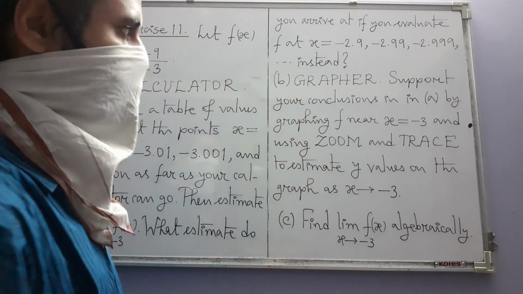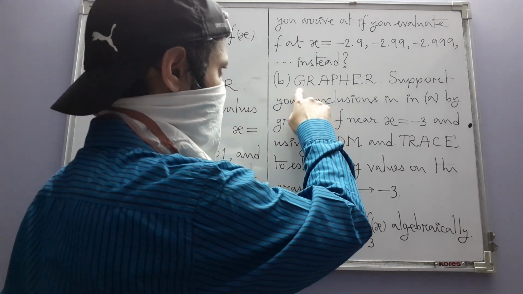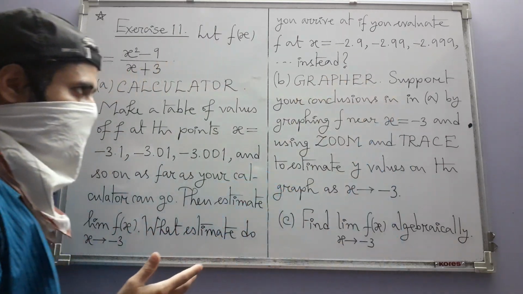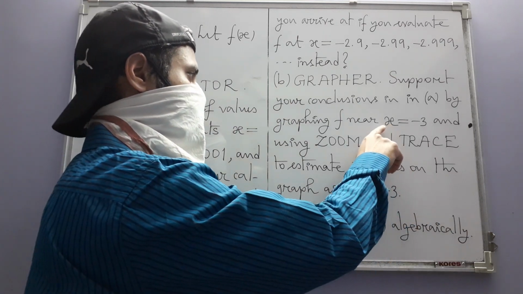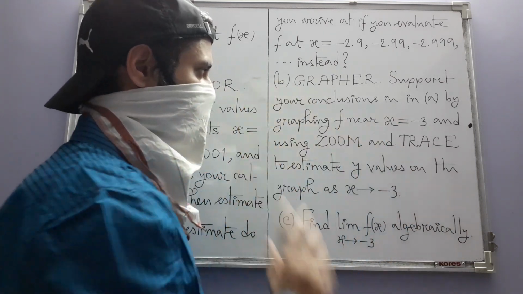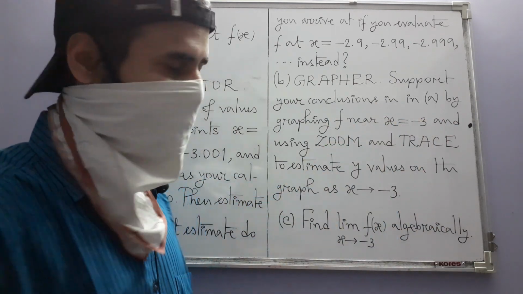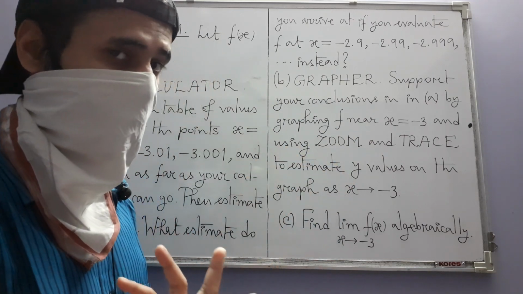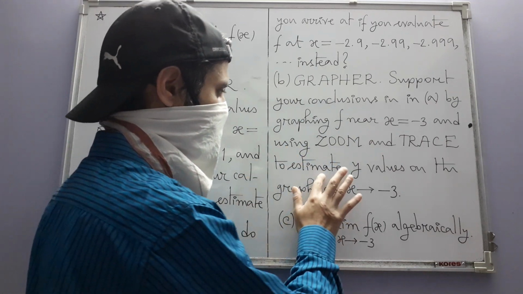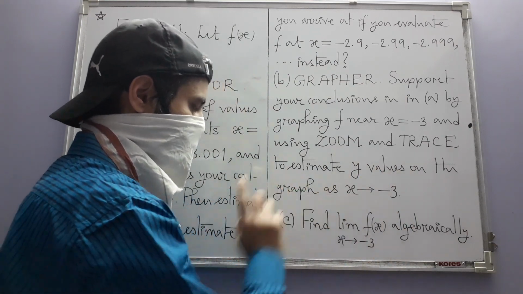And then in part B, you are to use some graphing calculator. So using that, you graph the function f near x equal to minus 3, and then you use the zoom and trace tools in your grapher to estimate the y values on the graph as x tends to minus 3.